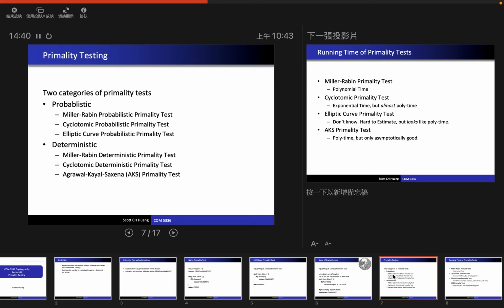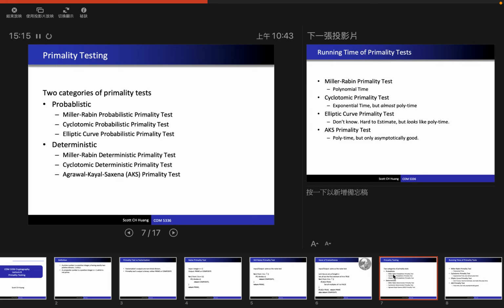Three Indian researchers found a deterministic way to do primality testing, and their algorithm runs in polynomial time. This is a breakthrough. They claim that prime is in P. That's their research paper.